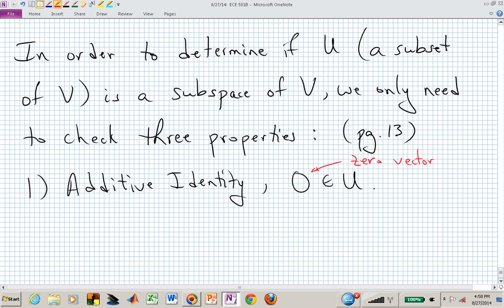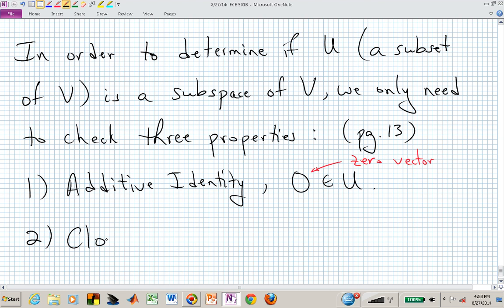That's one of the properties, because you only have to find just one instance, a counterexample, that doesn't satisfy any of these properties, and you've then shown that it will not be a subspace.